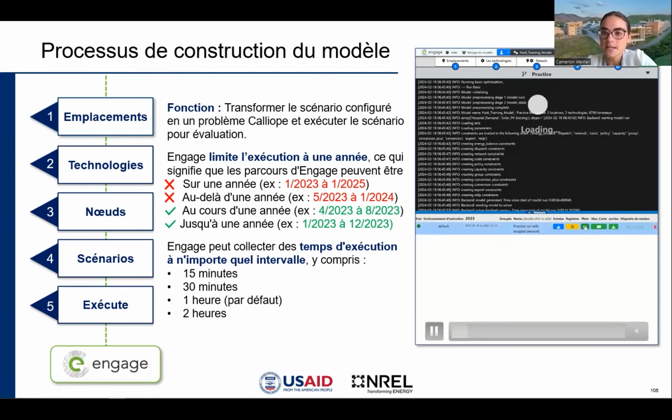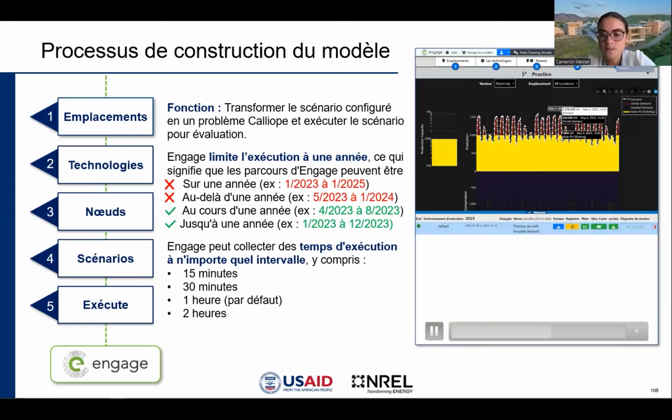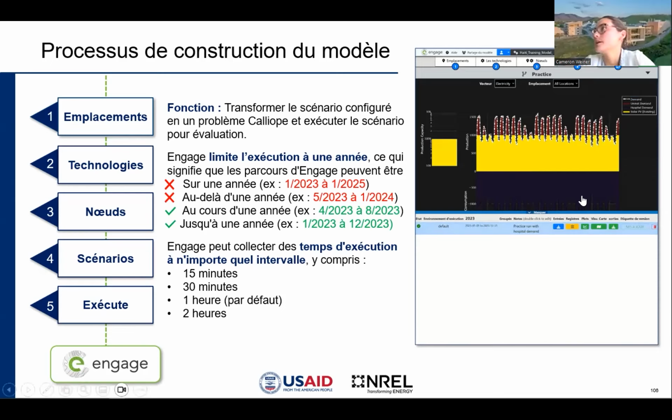It might take a second for your run to complete, but once it's completed, the first thing that Engage will display is a dispatch profile of the generators within your run. And you'll be able to see this if you go ahead and click on that plots button on your screen.